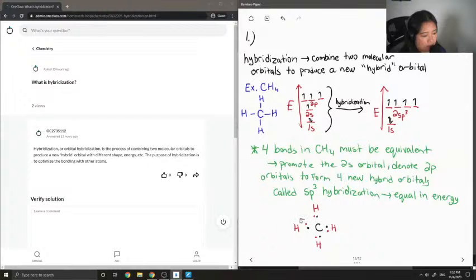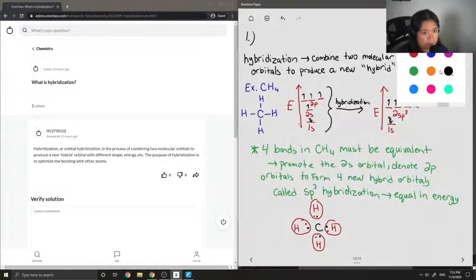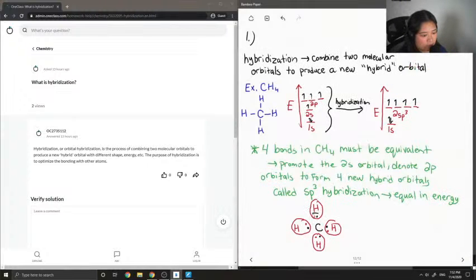And then I'm just going to circle just to show how they all share. Kind of look like this.